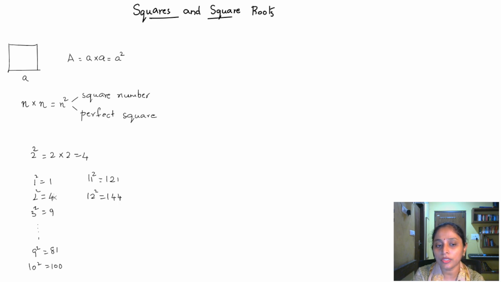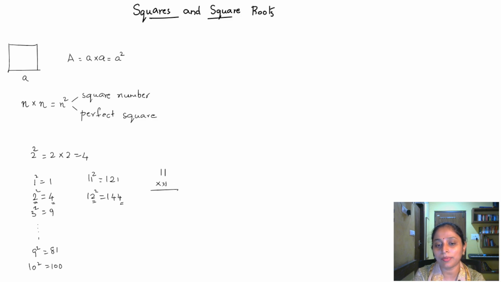You will notice that the units place is going to be the same. If the units place here is 2, which is the same as the units place for 12, then the units place for the square obtained is going to be the same. Here it is 4 in this case, and for 12 square also it is 4. Now the reason for this is very obvious when you look at the multiplication process itself. For example, when I'm saying 11 into 11, what are we doing?